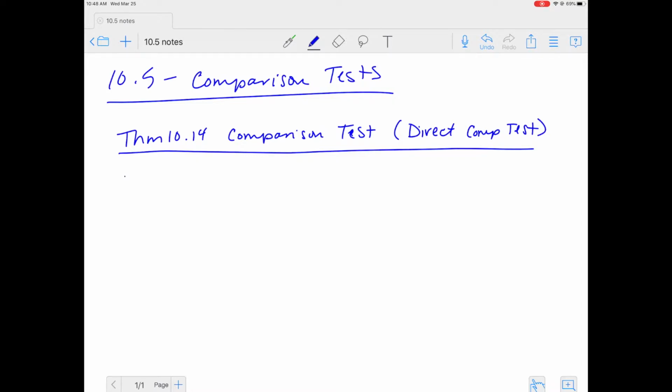Okay, so we're going to let the series A sub k and the series B sub k be series with positive terms.